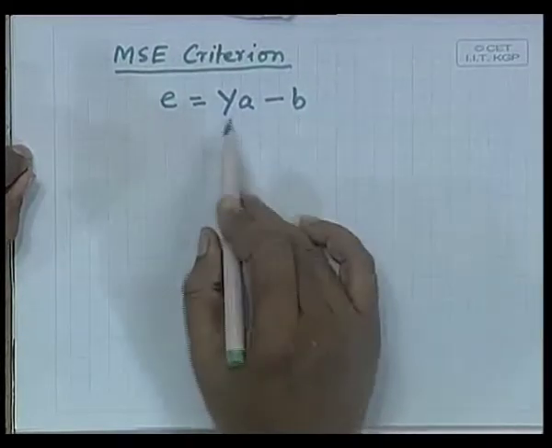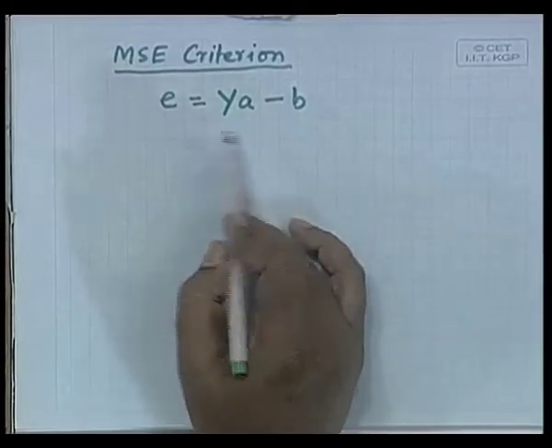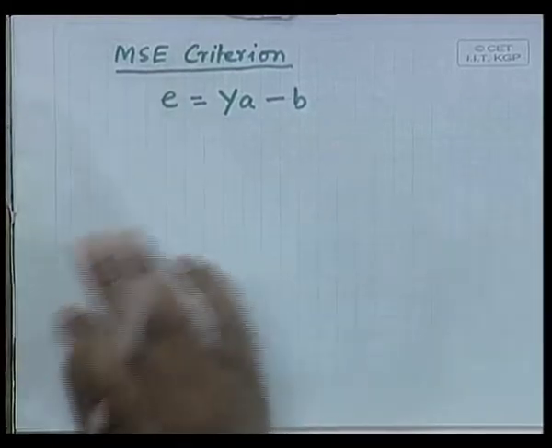Okay. So, for this MSE criteria, the aim is to reduce or to minimize the square of this error.